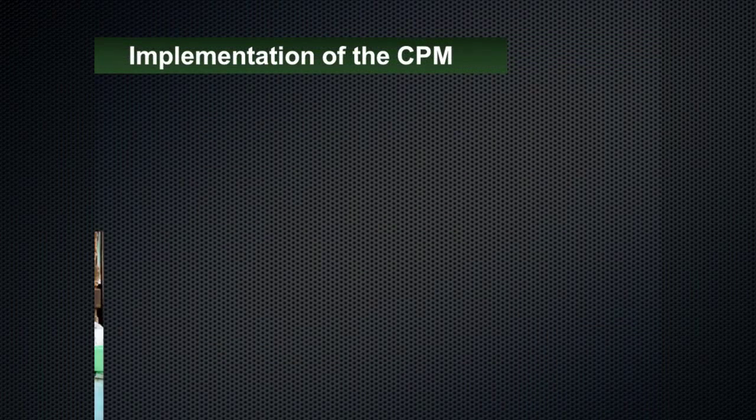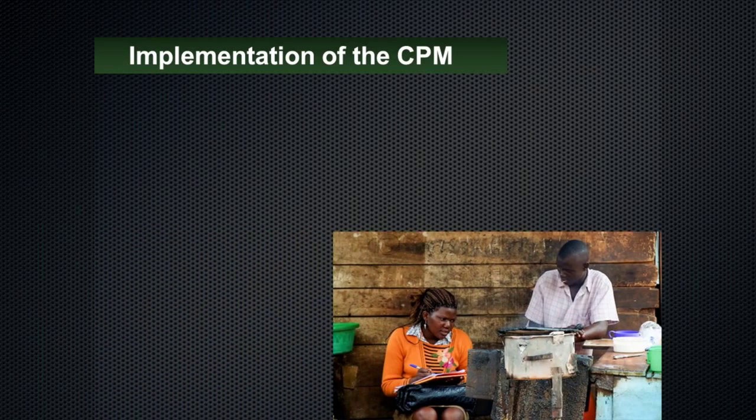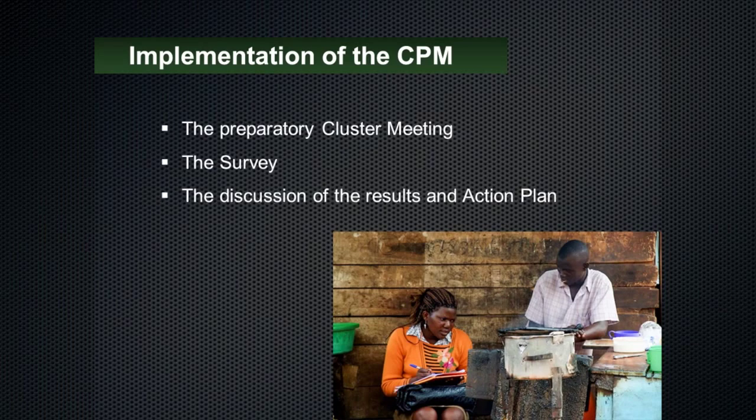3 steps are involved in the implementation of the CPM: the preparatory cluster meeting, the survey, and the discussion of the results and action plan.